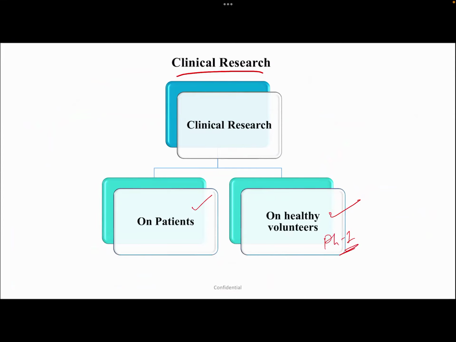Now I tell you one thing, as per the new GCP, it is good if you use the term participants instead of saying patient or healthy volunteer. This is as per our new revision E6R3, which came this year. So use the term participant.